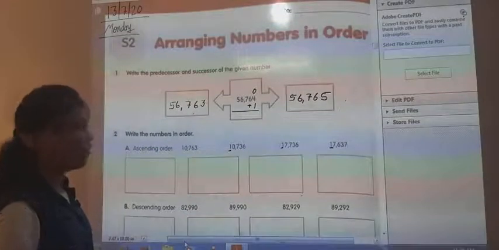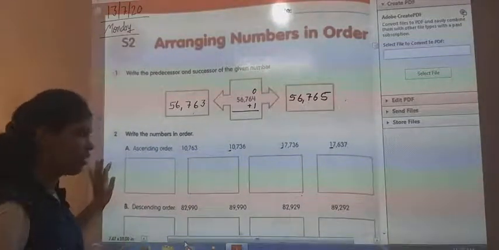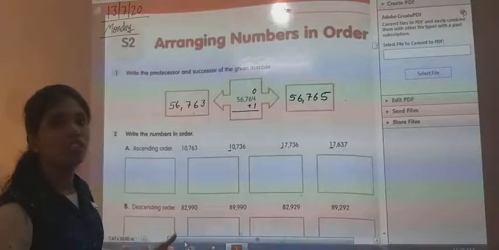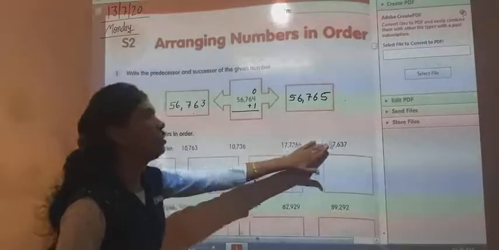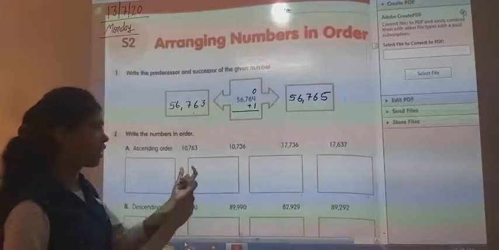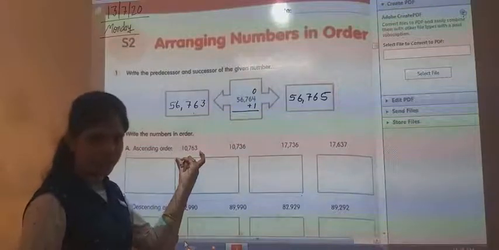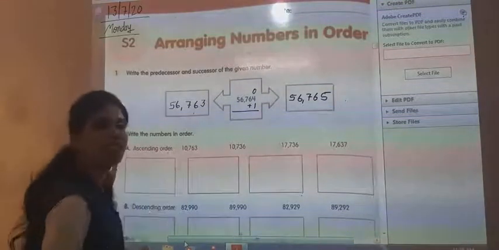So students, we can't identify which number is smaller. So we will come to the next place. The next place is 1000.